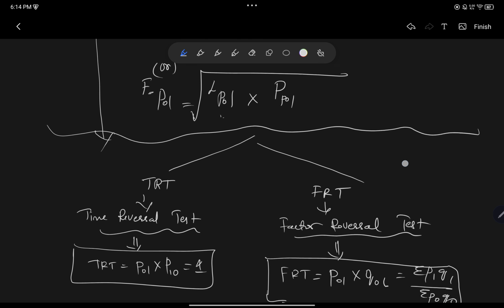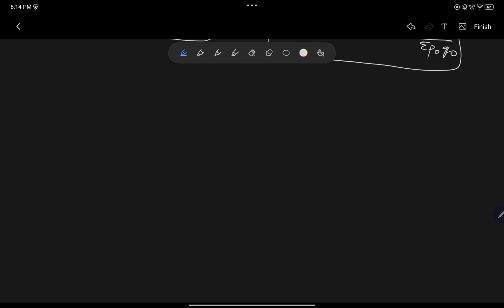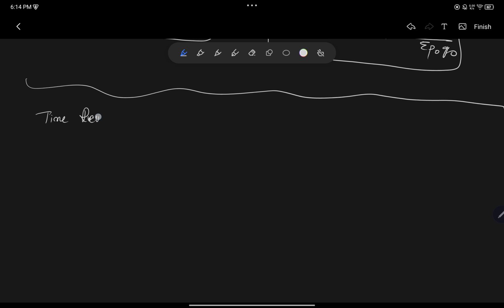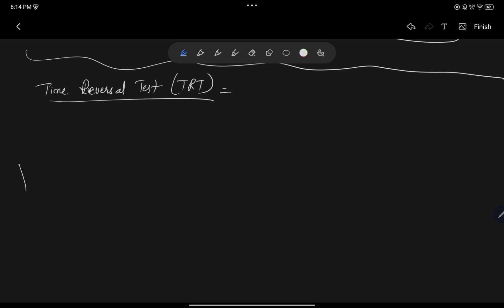This is done from Fisher's ideal index method. For that, we have formulas like the time reversal test, that is TRT is equal to, what we need to do is write down the square root.